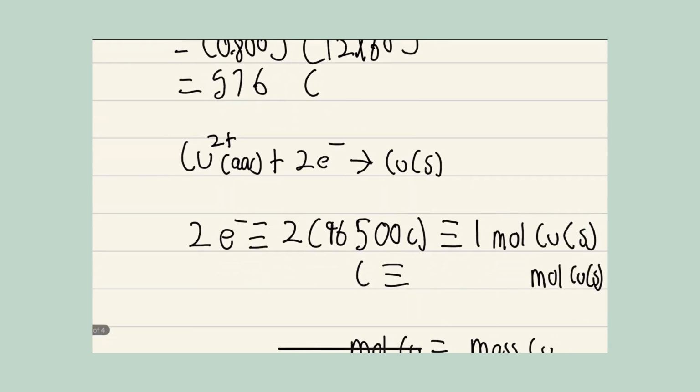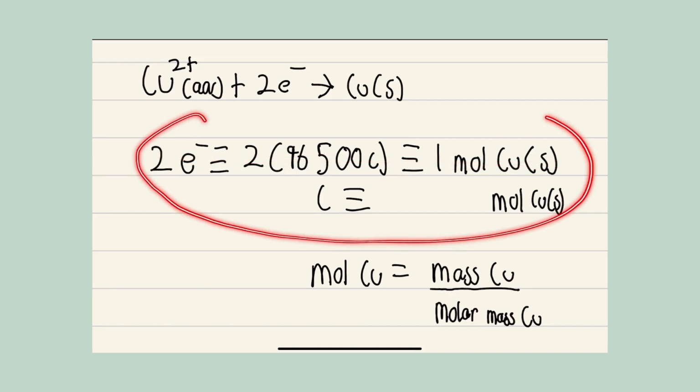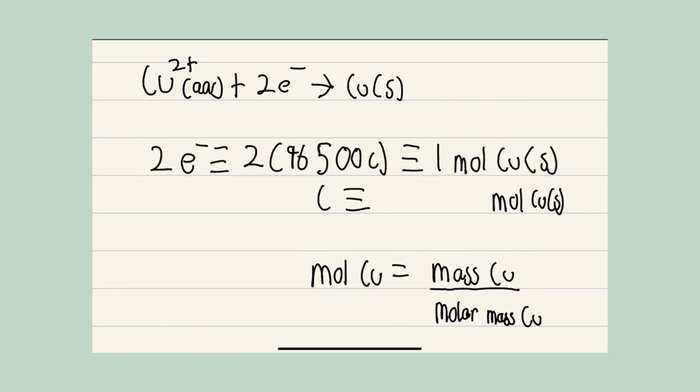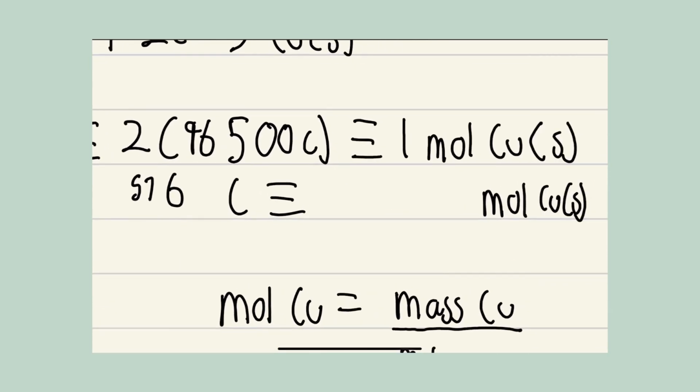Based on this formula, I've written out these things over here, so we can compare. Since you already know the amount of coulombs used, 576 C equates to about 2.98 times 10 to the power of negative 3 moles of copper.